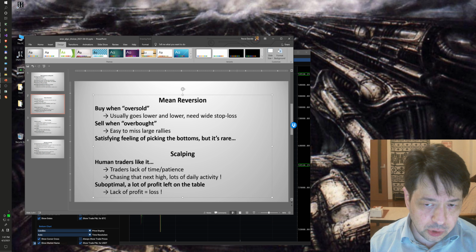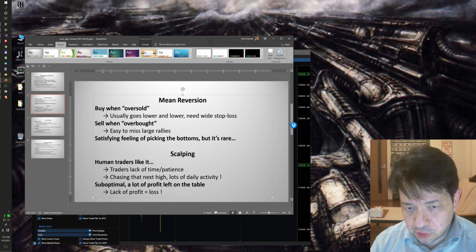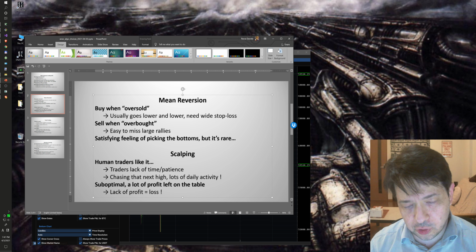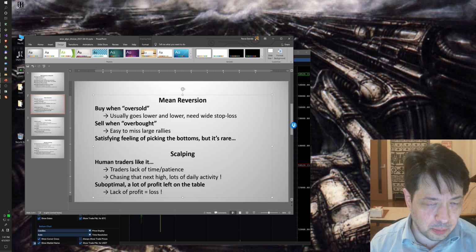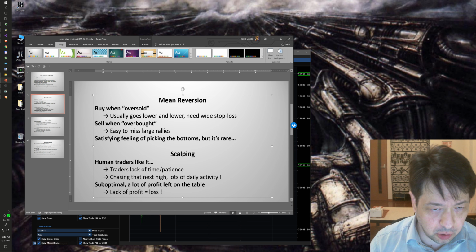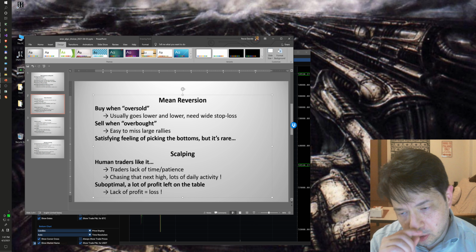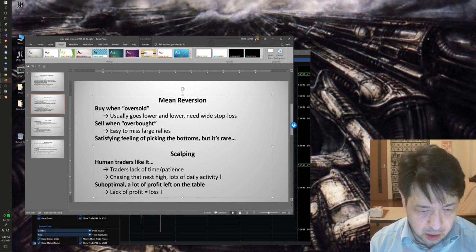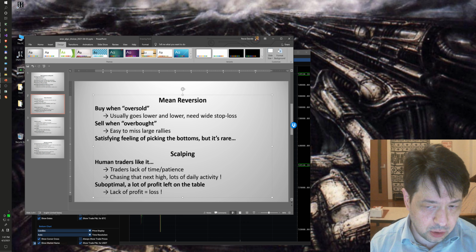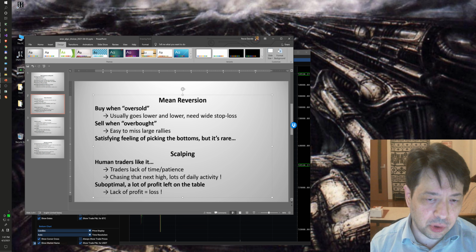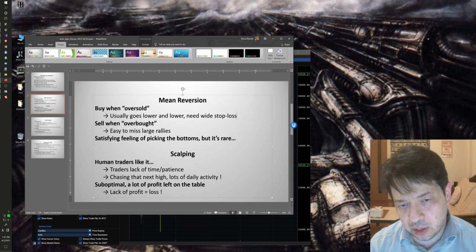mean reversion was mostly, I guess, created for the stock market. At least it was popular with the stock market, and with the stock market, there is a sense of some underlying value of the company. Although some other companies, of course, can be highly overvalued.